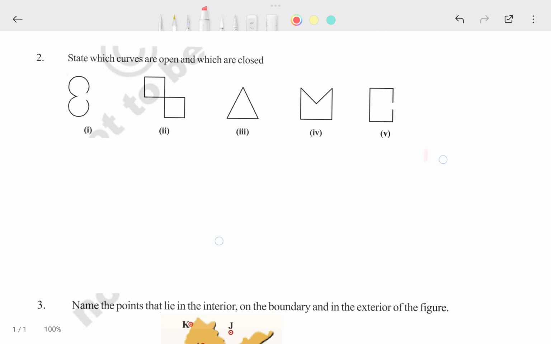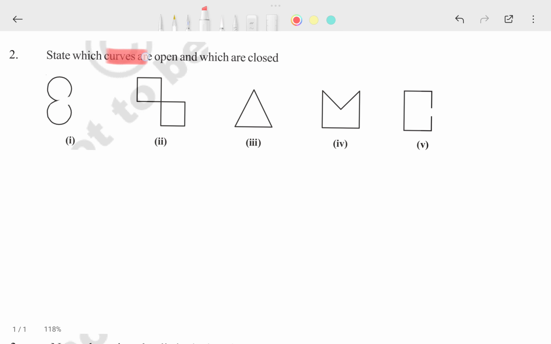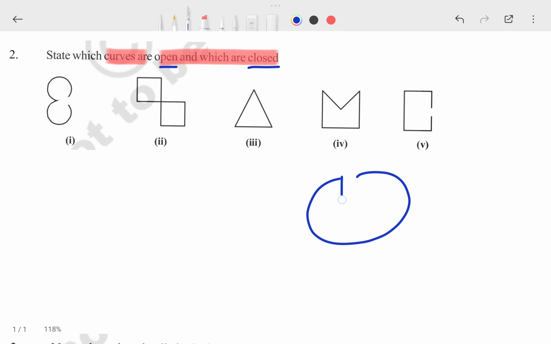Now the second question says: state which are open curves and which are closed curves. In these figures we have to say which is closed and which is open. Open means, like here there is a gate, so this is open. This is totally closed, this is totally closed, and this is open.